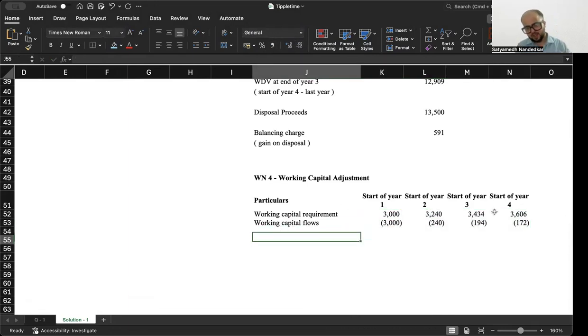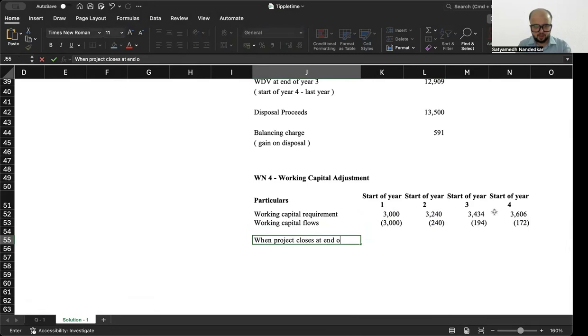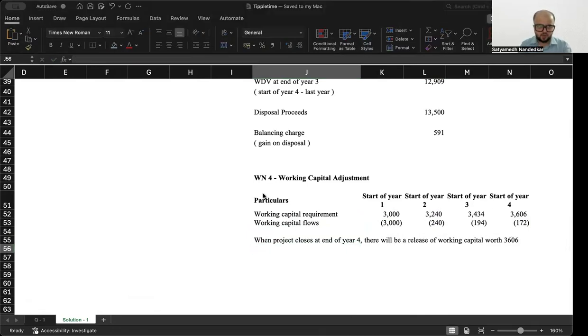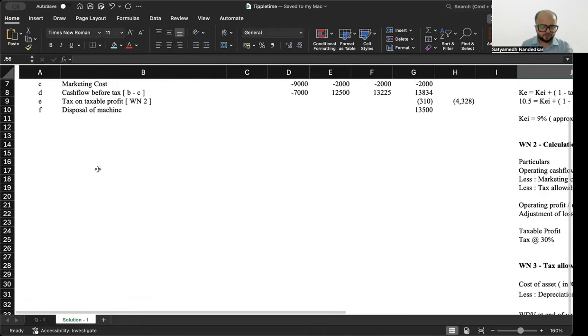This will happen at the start of each year, and when the project closes at the end of year 4, there will be a release of working capital worth 3606. Okay, so let's write that down now.